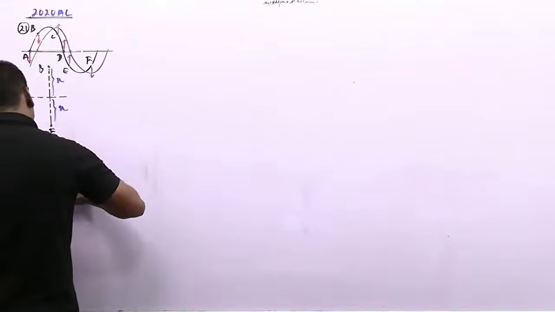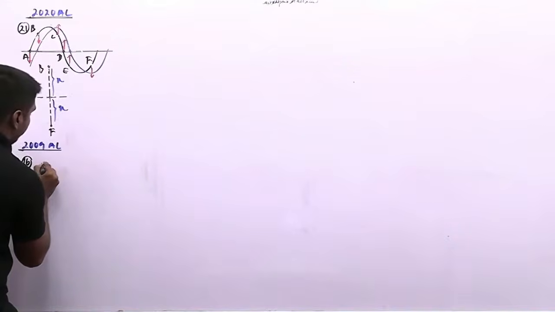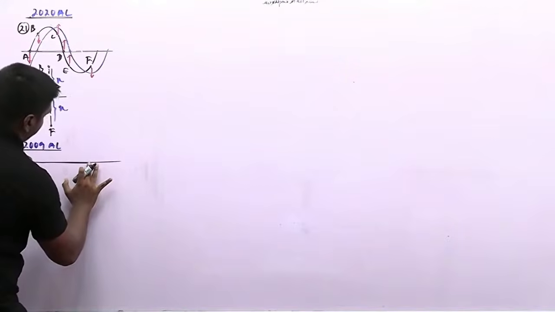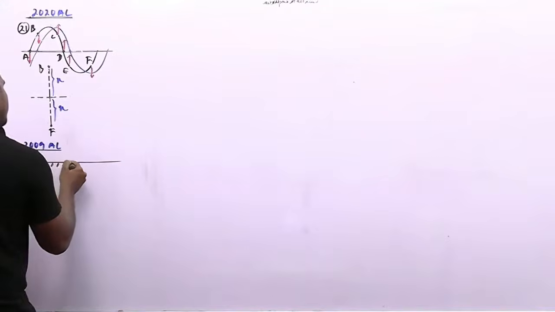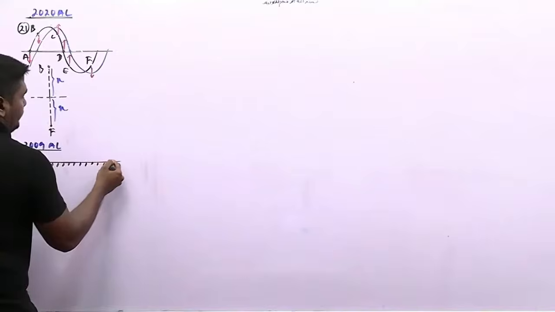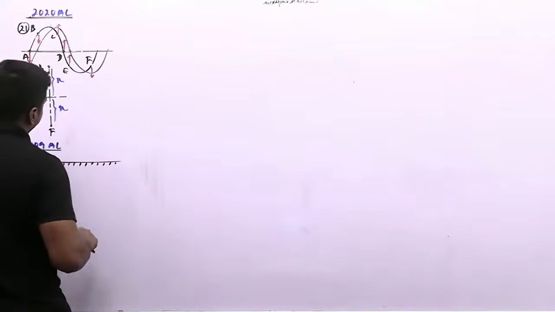Now, what shall we do? This is the ground, the soil. The insect produces two waves.